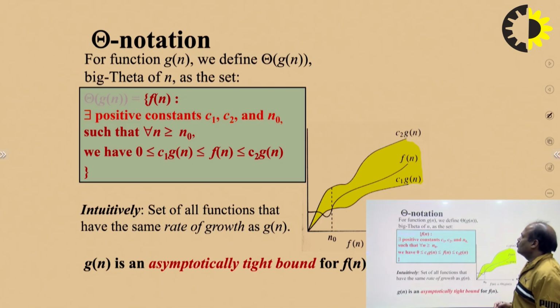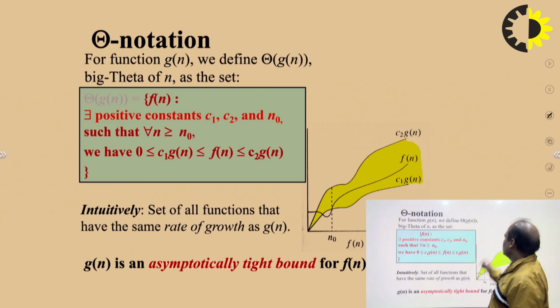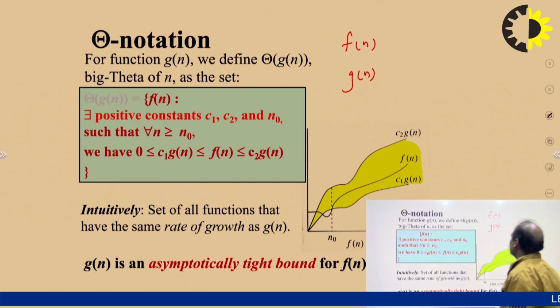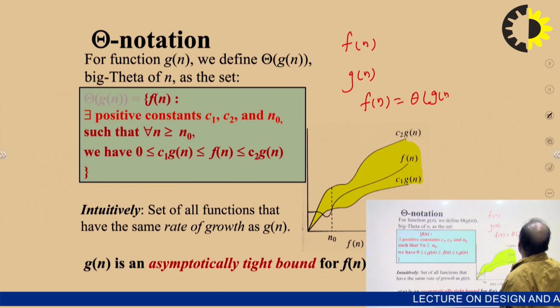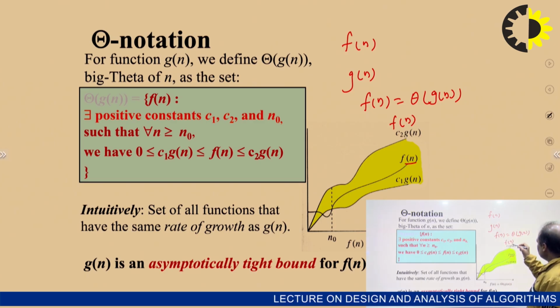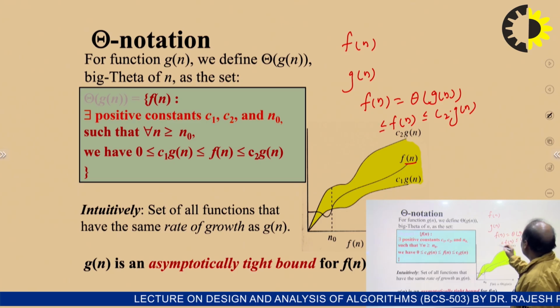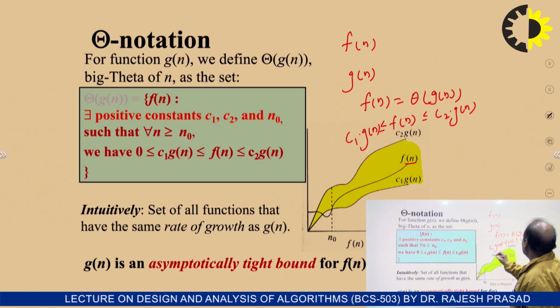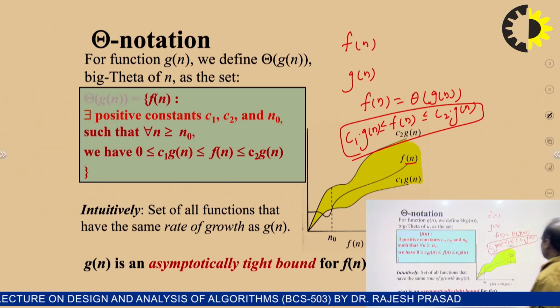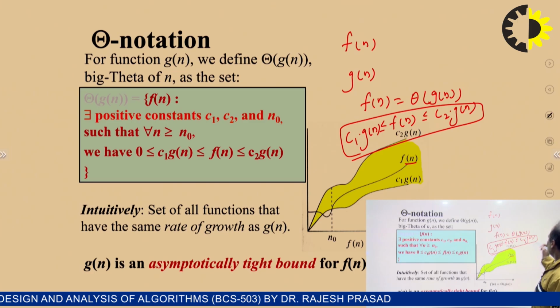If we start by understanding theta notation, we know that if we have two functions f(n) and g(n), we can say that f(n) is theta of g(n) if and only if f(n) lies between these bounds: c1 g(n) is less than or equal to f(n), which is less than or equal to c2 g(n), for n greater than or equal to n naught.